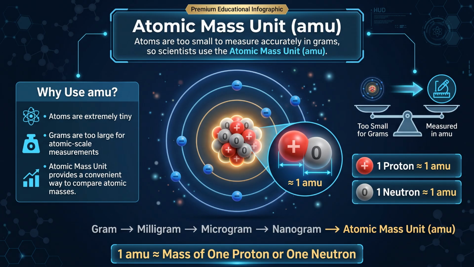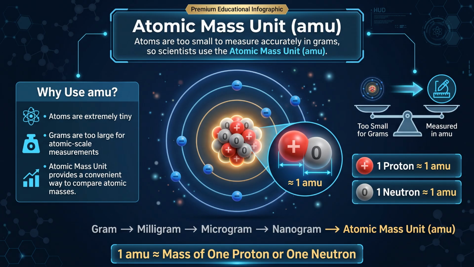Similarly, oxygen contains 8 protons and 8 neutrons, giving it an approximate atomic mass of 16 AMU. Sodium has 11 protons and 12 neutrons, giving it an approximate atomic mass of 23 AMU. These simple calculations show why the atomic mass of many elements is very close to their mass number.